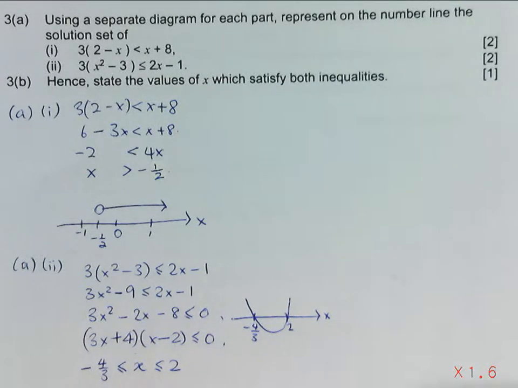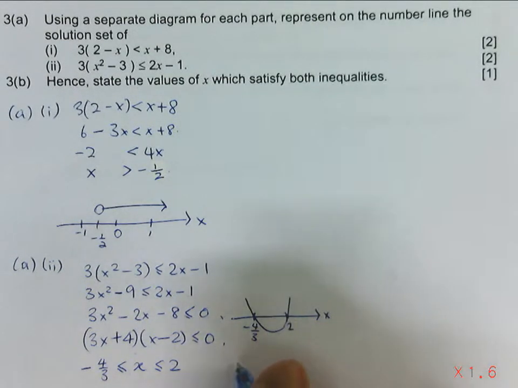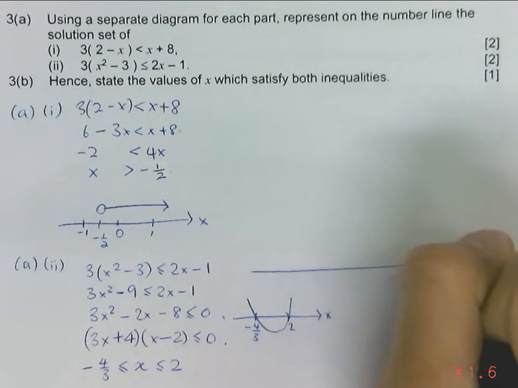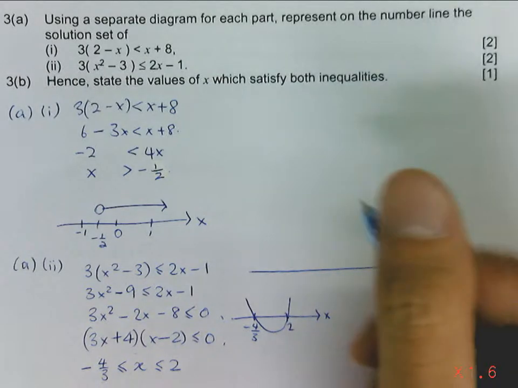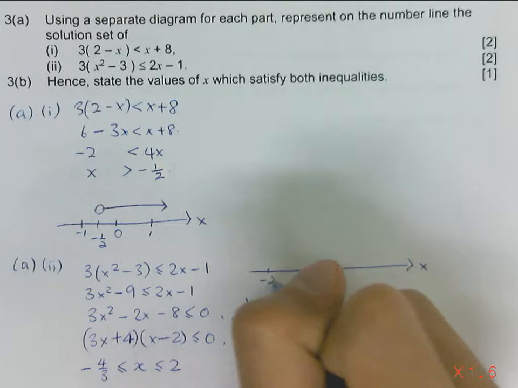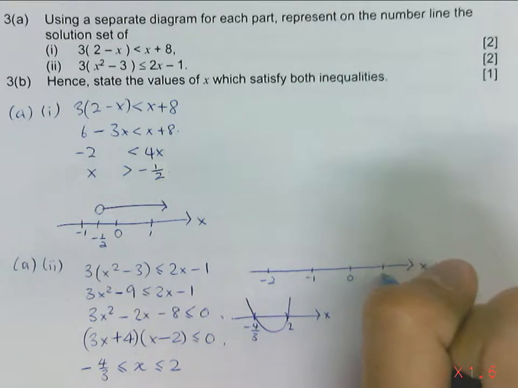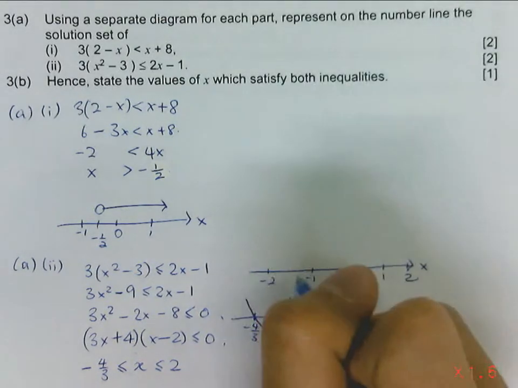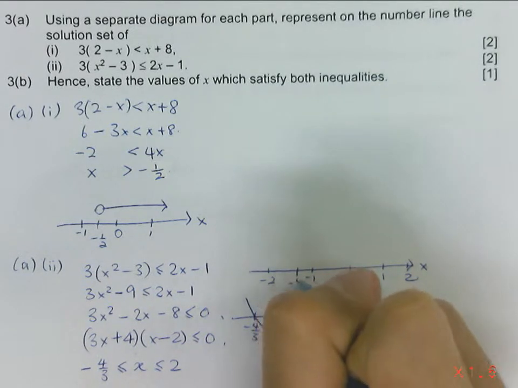And similarly, the number line answer, this is negative 4 over 3.